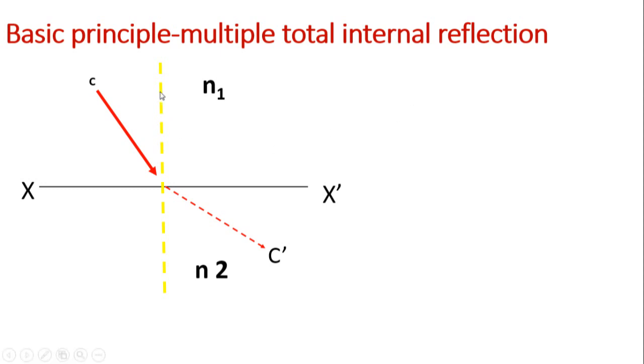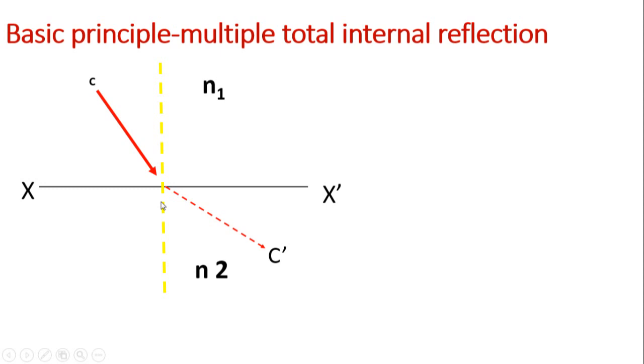See, with respect to this normal, at a certain angle the light is incident at the interface region. X dash is the interface between n1 and n2. This is the angle made by the incident ray, that is, C is a ray that is incident at a point O at a certain angle.